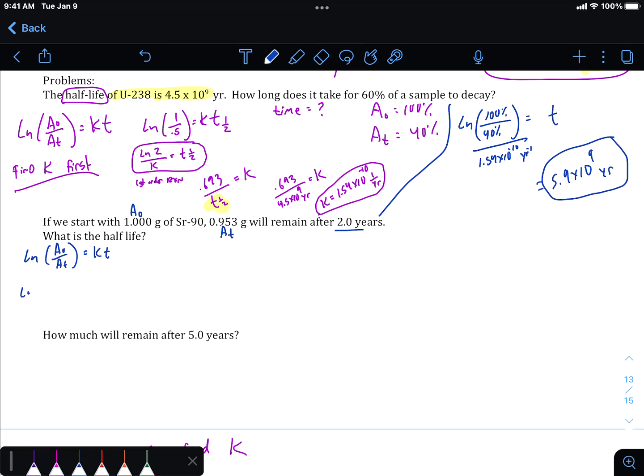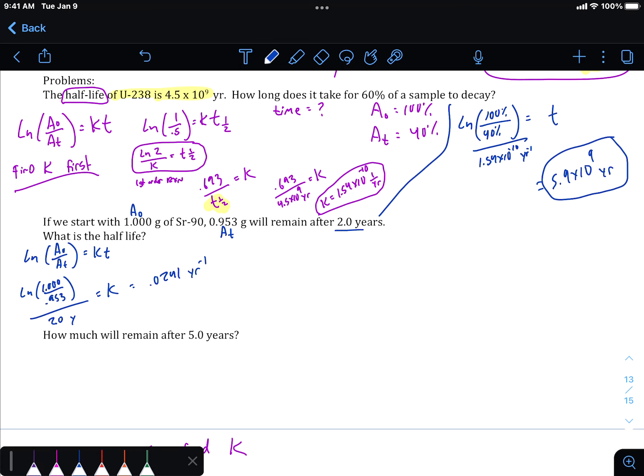So the rate constant can be found by setting that up. And after doing that, did you get rate constant to be 0.0241? Okay, so that's our rate constant.